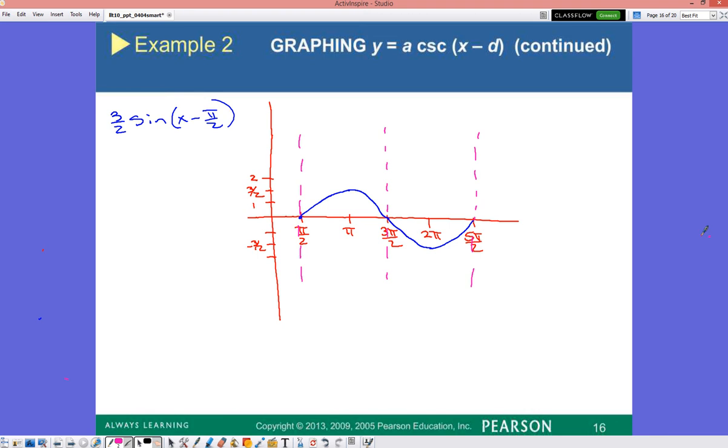Every place it's equal to 0, so when there's a vertical shift, where are the asymptotes? If I'm moving this whole thing up, just slide the whole thing up. Does that change my asymptotes? No. If there was a vertical shift of 2, I would move the whole thing up to 2 and draw my dotted line at 2, so it wraps around that dotted line.